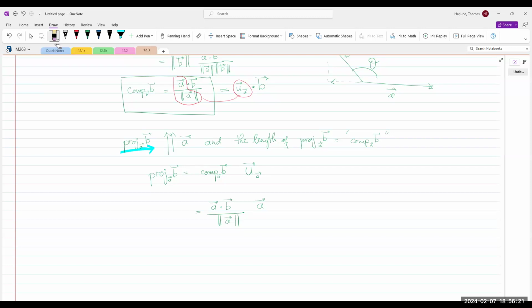It's just scalar multiple. Now then, we usually use this formula, A dot B over magnitude of A squared times vector A. So this is the formula we use.